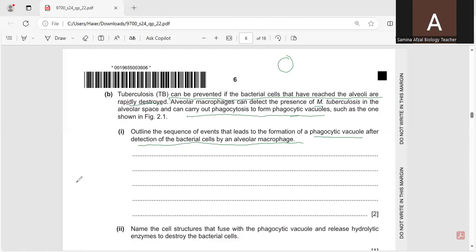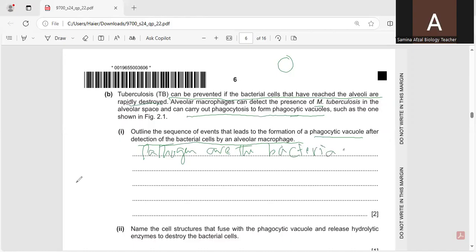So first of all, I would like to write that the pathogens are the bacteria.